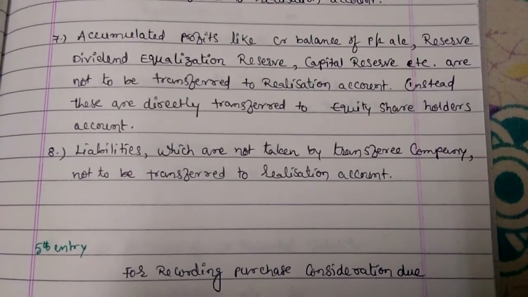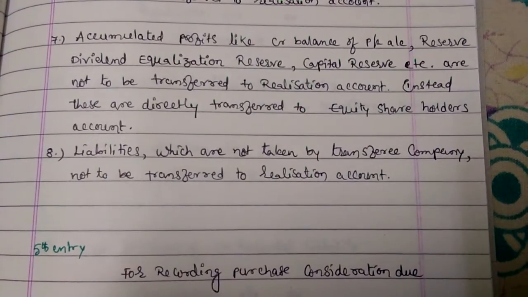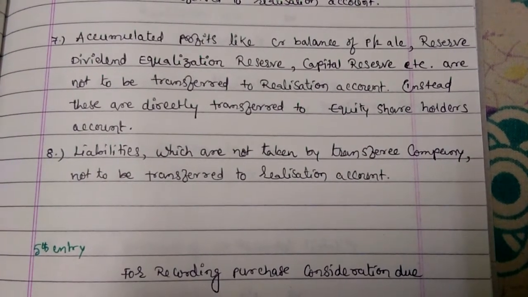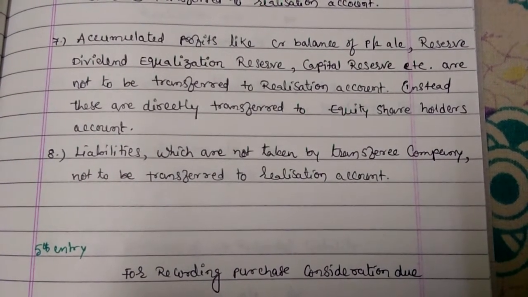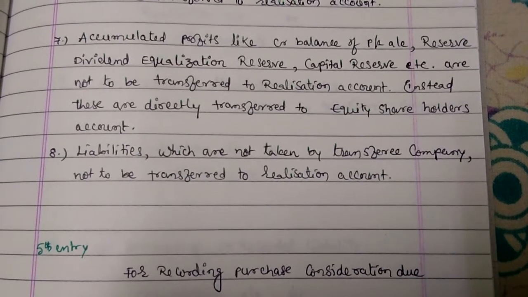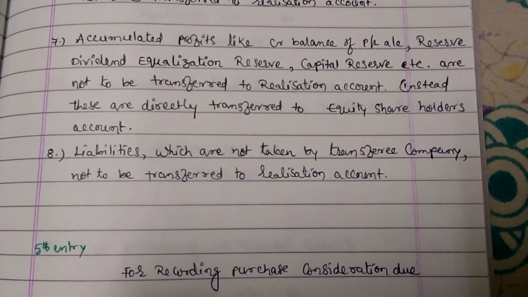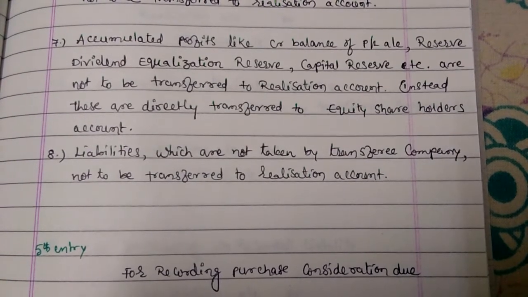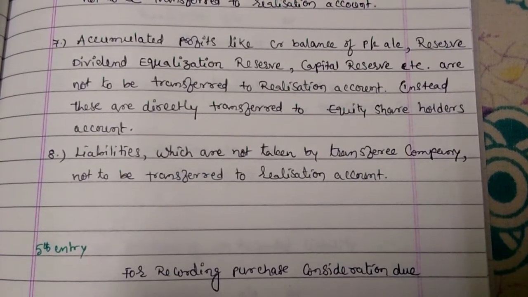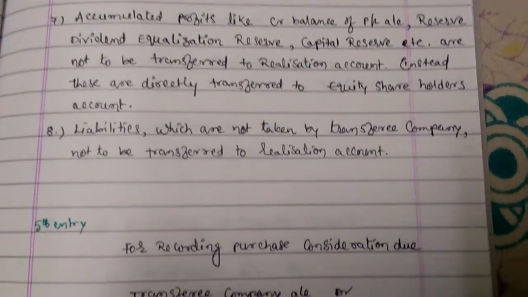And the last one: liabilities which are not taken over by the transferee company are not to be transferred to the realization account. Sometimes the transferee company does not take some liabilities, and those are not transferred to the realization account.